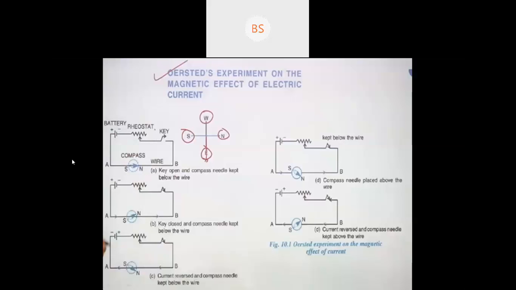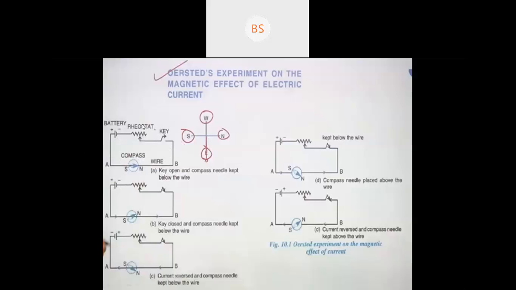You can see here the needle is pointing towards north and south, along the north magnetic field, with the north pole of the needle pointing towards the north direction. In this position the needle is parallel to the wire. Okay, the first observation is this.